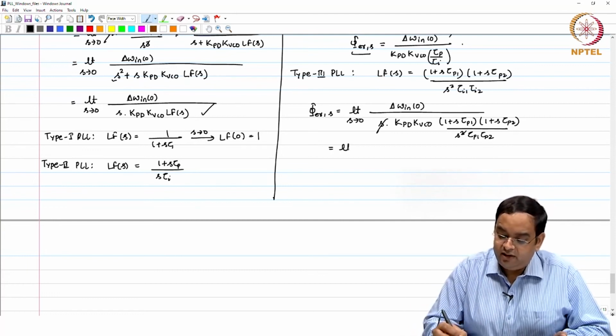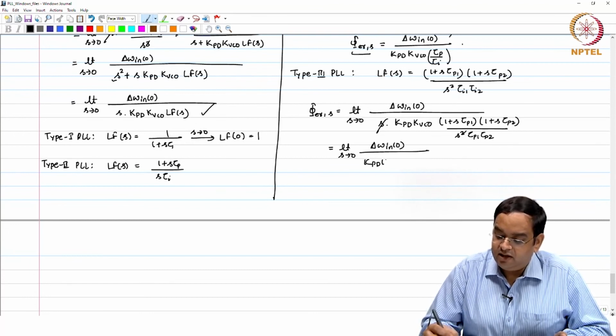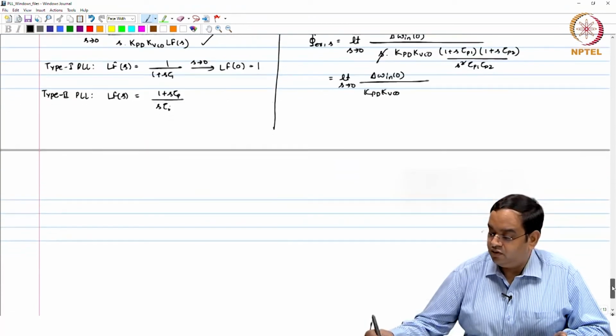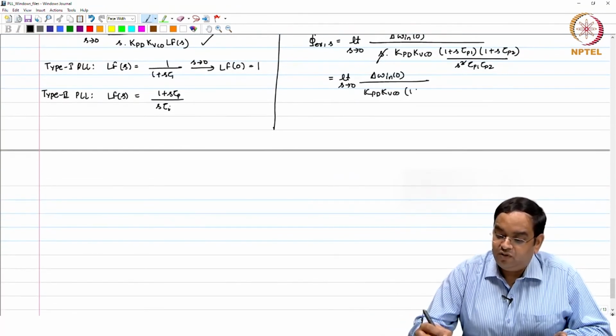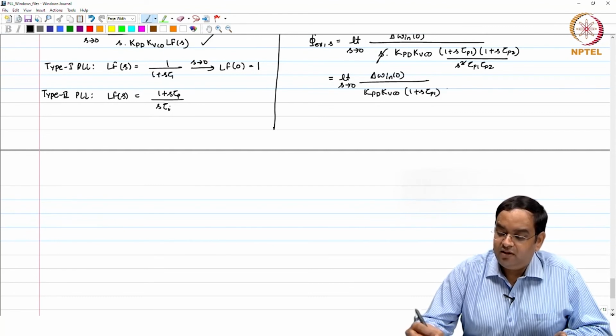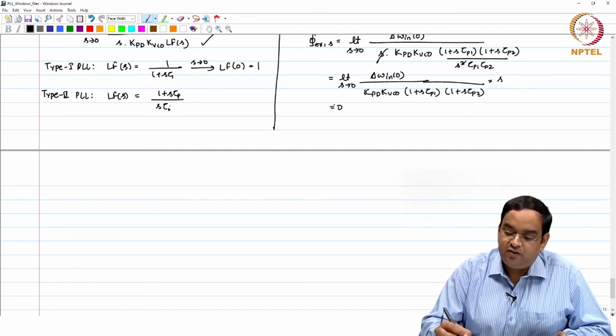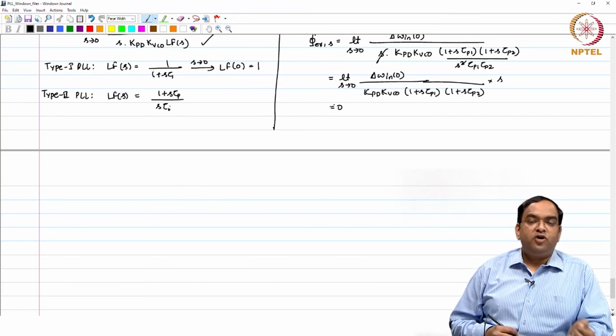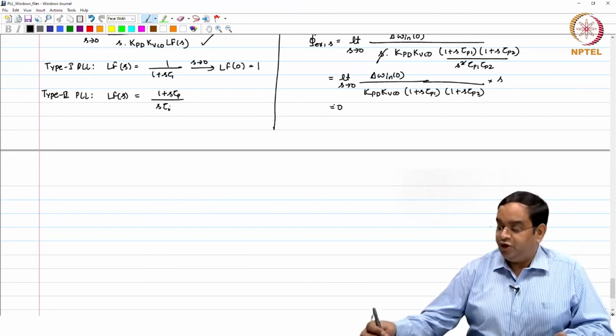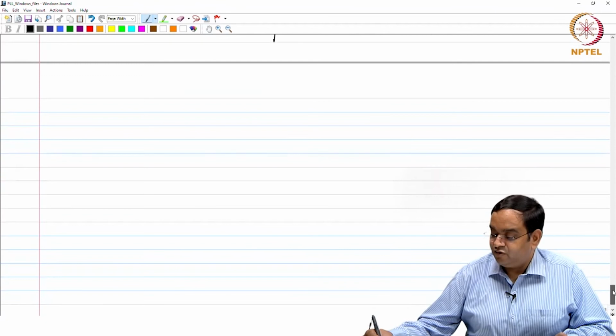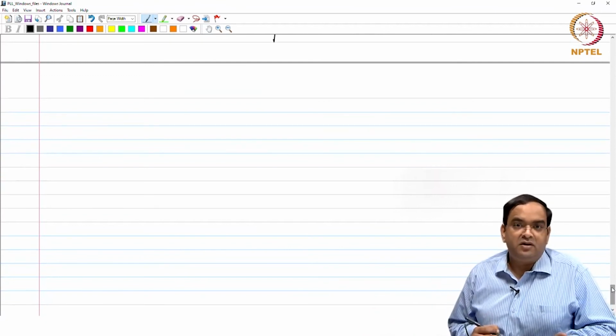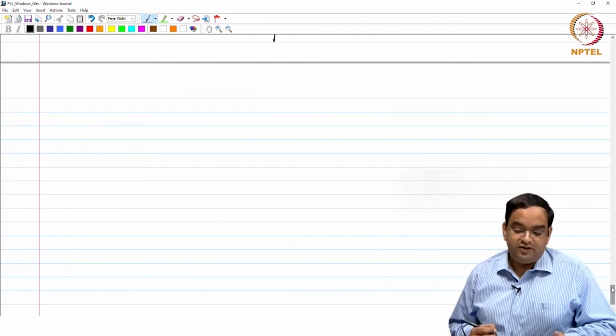What do you have in the end? You have S tends to 0, delta omega in 0 divided by KPD KVCO times (1 plus S tau P1)(1 plus S tau P2) into S, which is equal to 0. So, for type 3 PLL also, what you see is that even in the case of frequency ramp, your error is equal to 0.